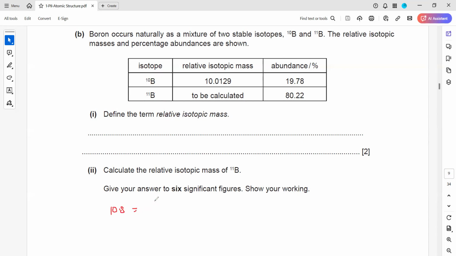So 10.8 is equal to the mass of this isotope, now the actual mass of the isotope. First, we took the whole numbers 10 and 11, but now 10.012 multiplied by its percentage, 19.78, plus this mass we don't know, x, multiplied by its percentage, which is 80.22, and divided by 100. Now we simplify this for x. What's the answer?